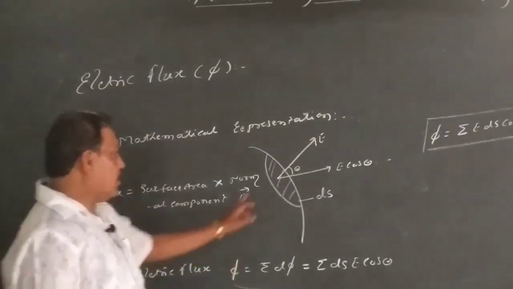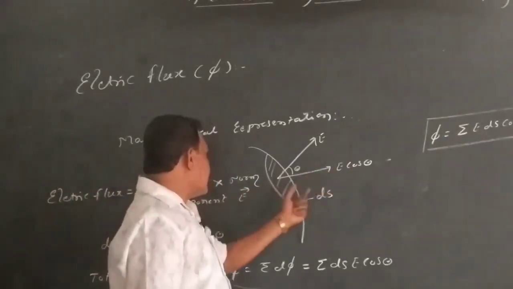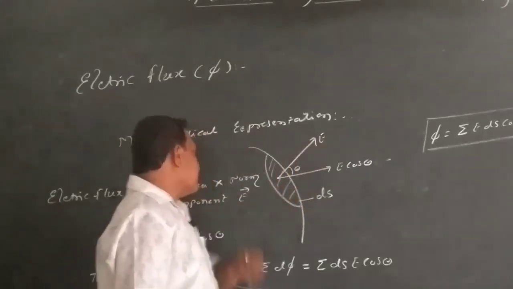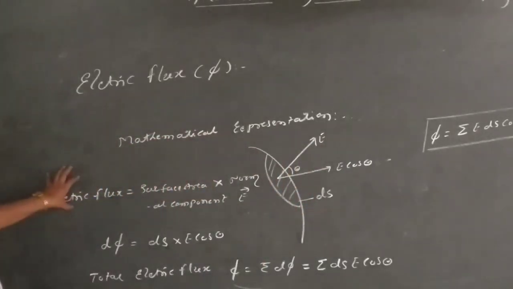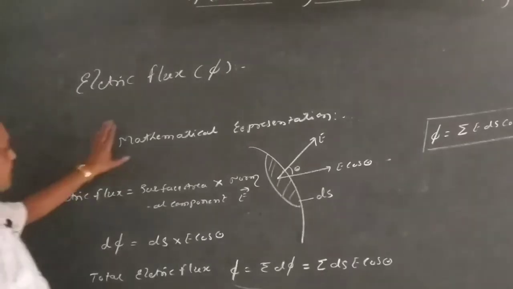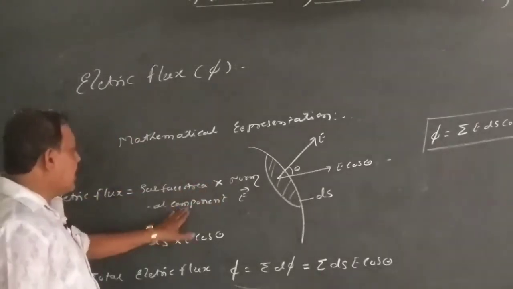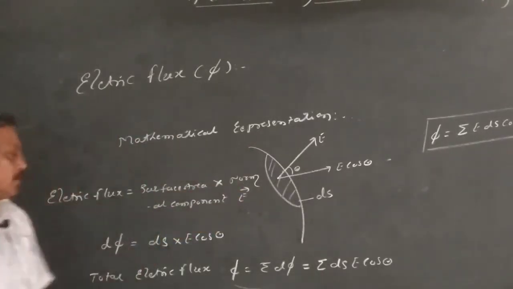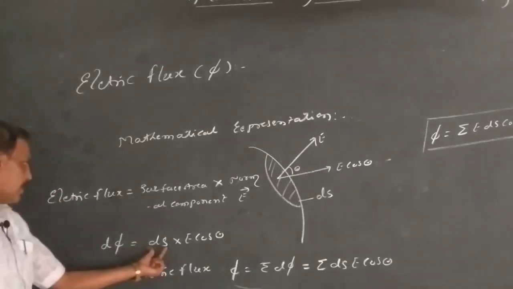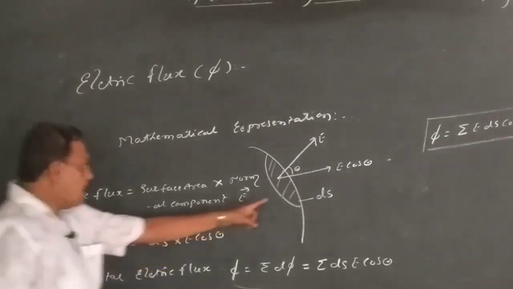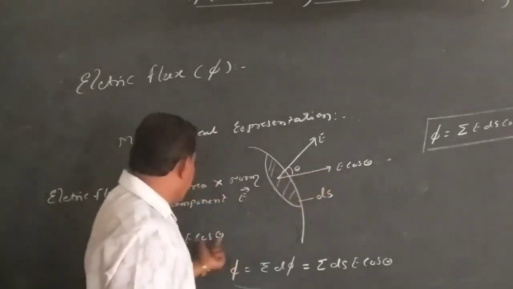The horizontal component E cos theta is the normal component of the electric field. Then the electric flux equals the product of surface area and the normal component of the electric field, so ds times E cos theta.